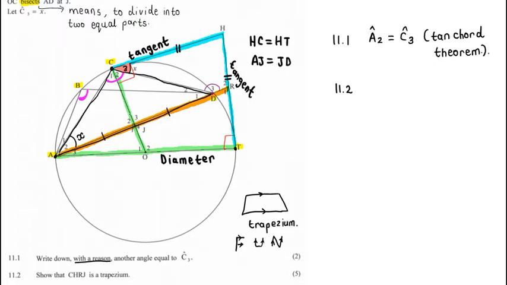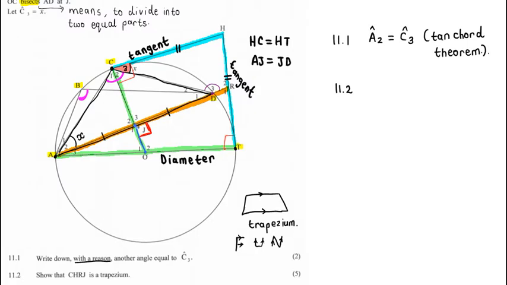Now maybe we can use co-interior angles by proving that this angle here, angle J4, is also 90 degrees, and that is actually true. Why is this true? Well, because we have a line, this line over here, OJ. This is a line drawn from the center of the circle to the midpoint of this chord.